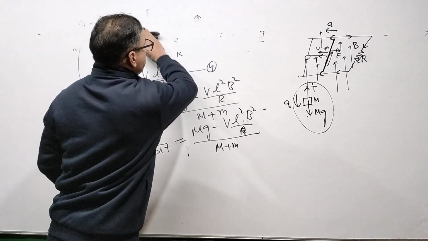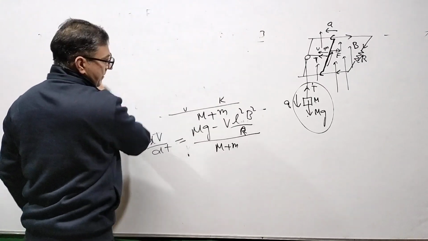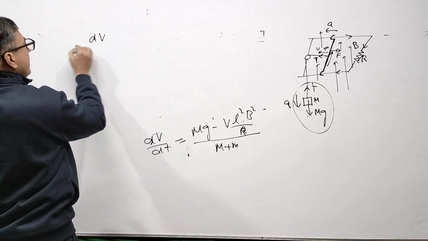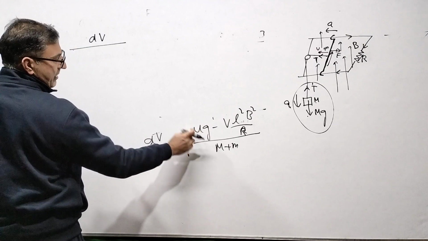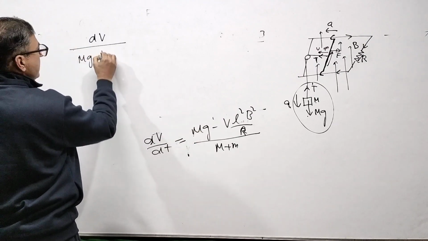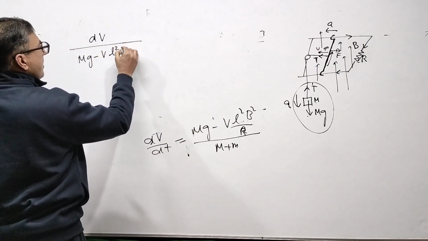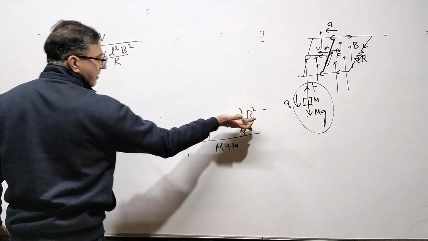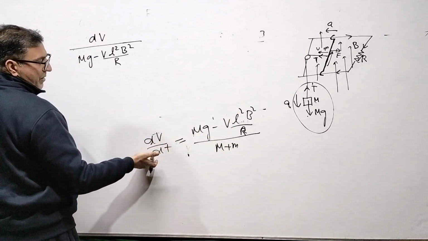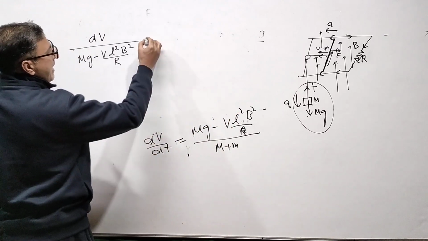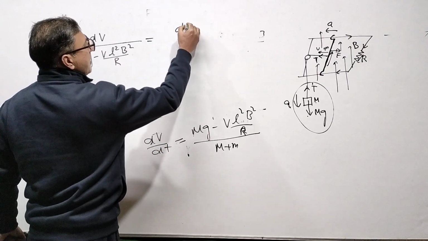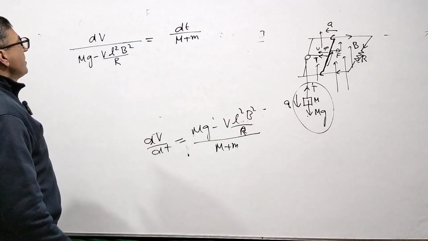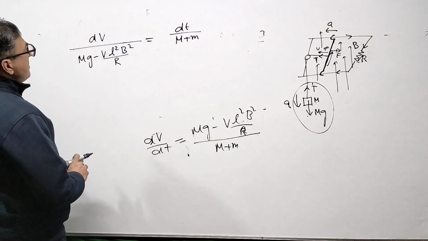So what are we getting? Okay, now dv divided by this quantity mg minus VL square B square by R. This dv divided by this quantity will go to the left side, and dt will go here, divided by m plus M. So now we will integrate.